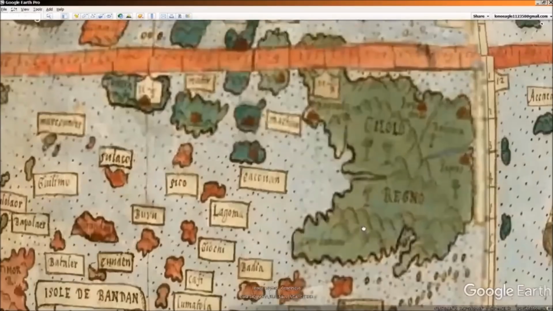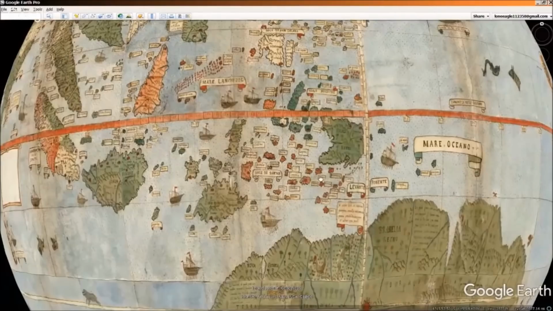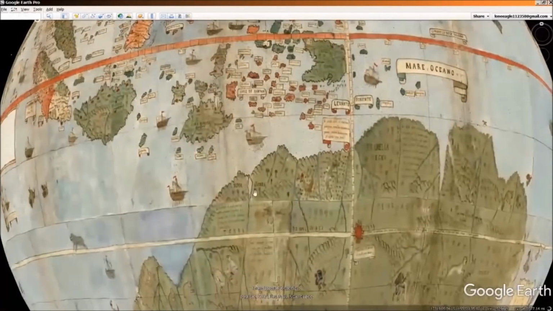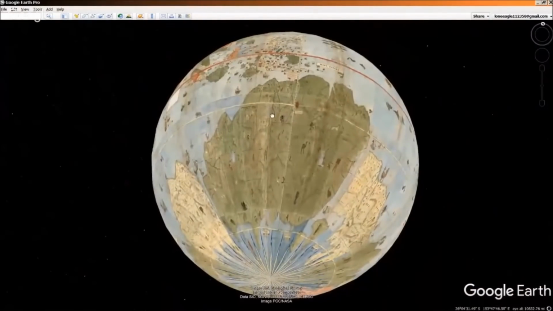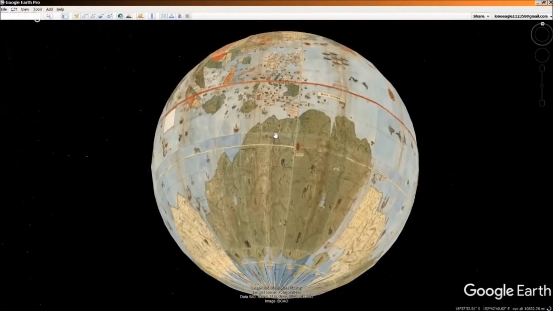I thought this was New Guinea. This whole time I thought this was New Guinea up here. So let me go back here. Interesting. All right, guys, so it's telling me that this northern part of this giant chunk of land is New Guinea.